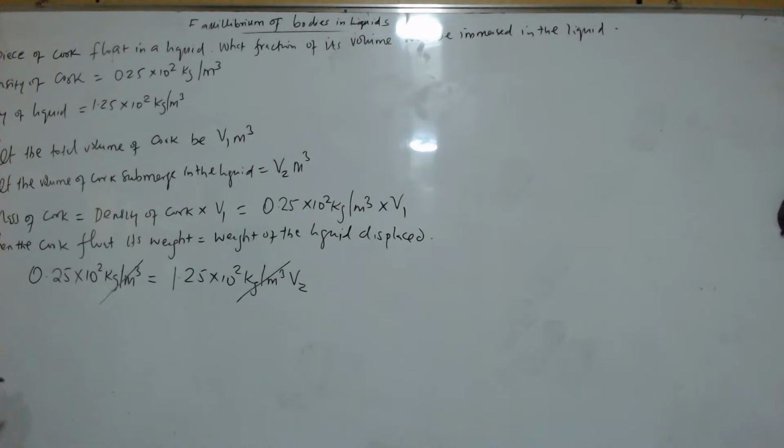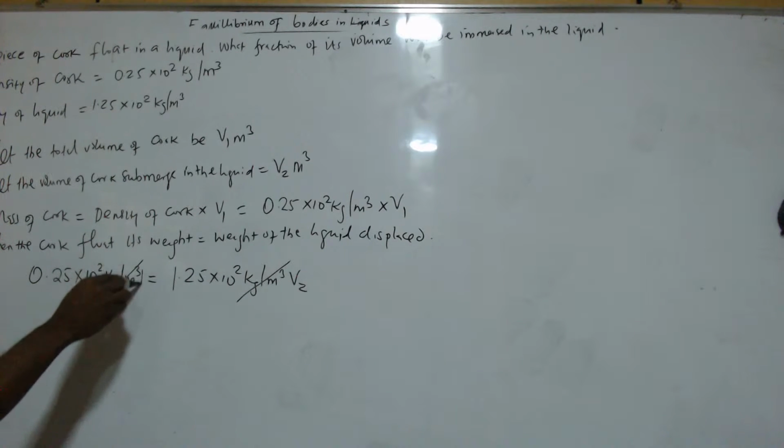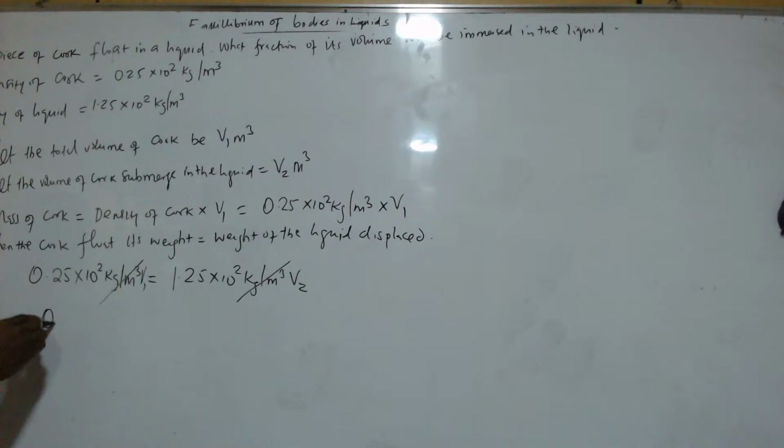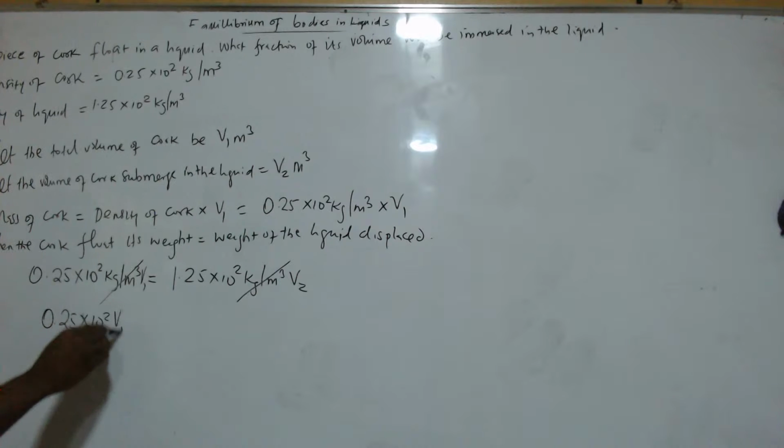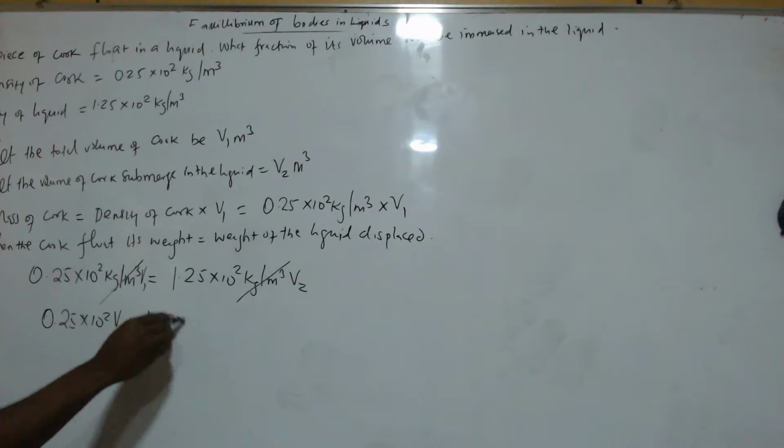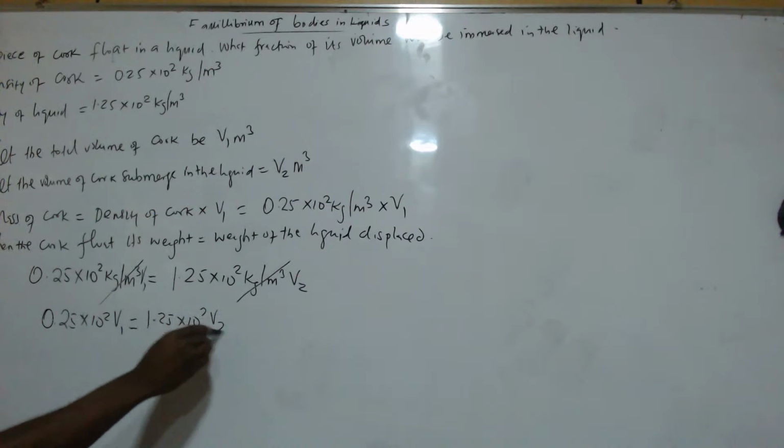So what do we have? We have 0.25 times 10 to the power of 2 V1 equals 1.25 times 10 to the power of 2 V2.